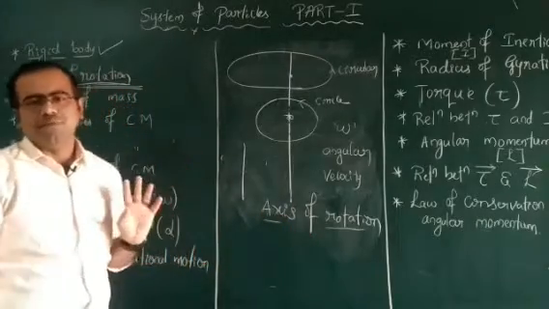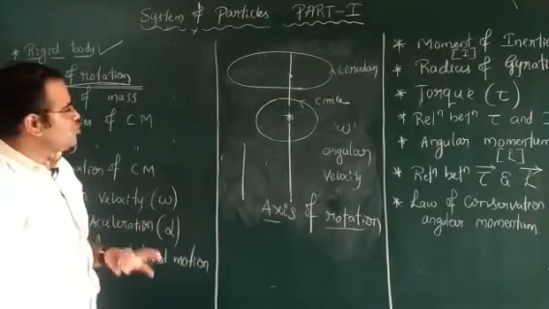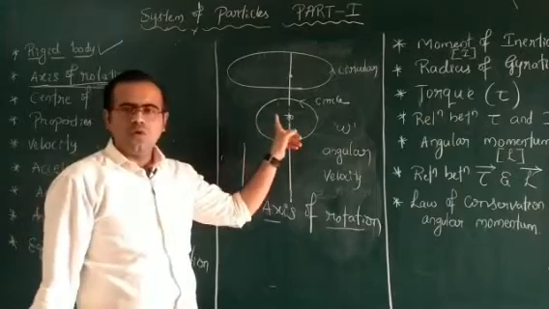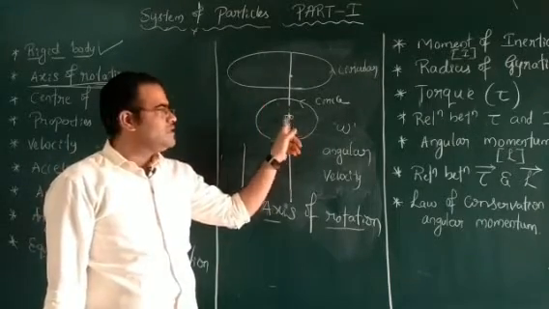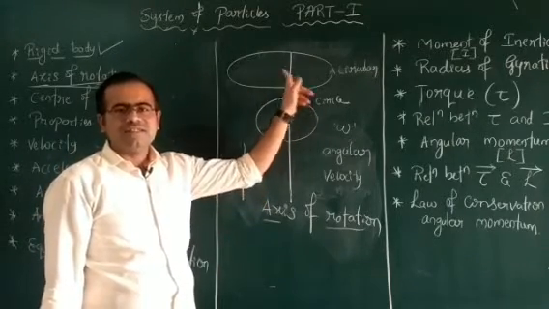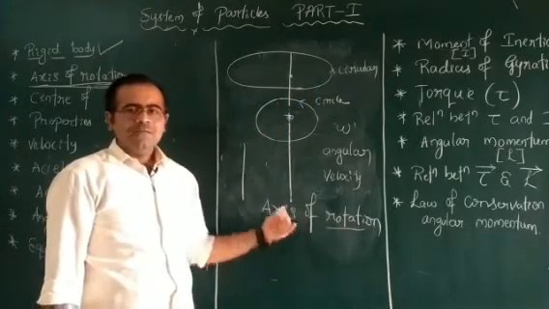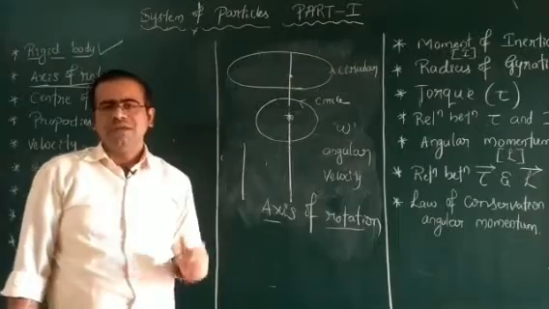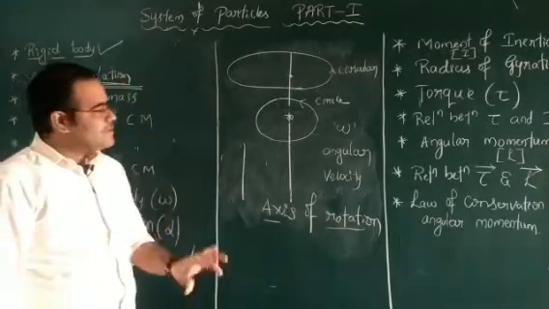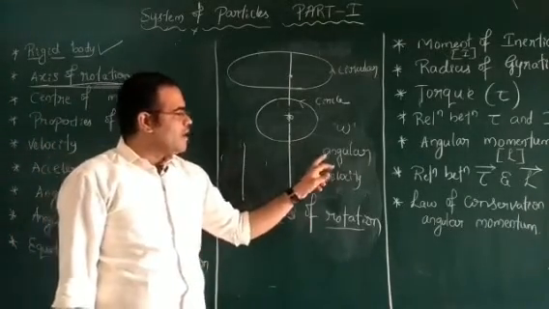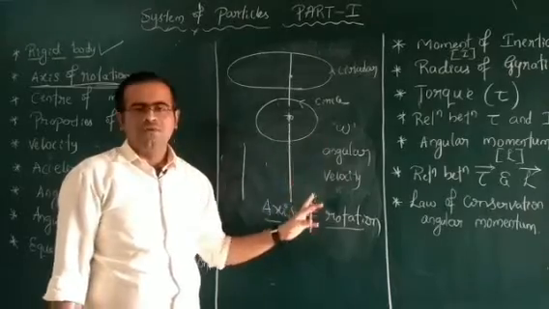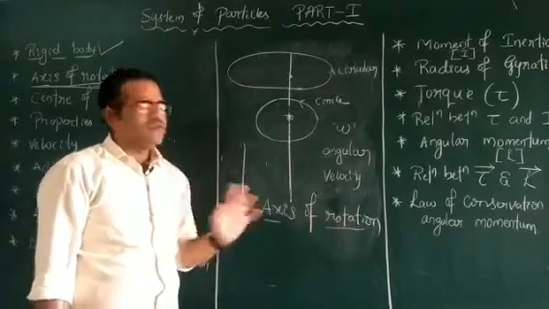When we observe pure translational motion, every particle is moving with the same linear velocity. But when we consider pure rotational motion, every particle is moving with the same amount of angular velocity. So this is a difference.